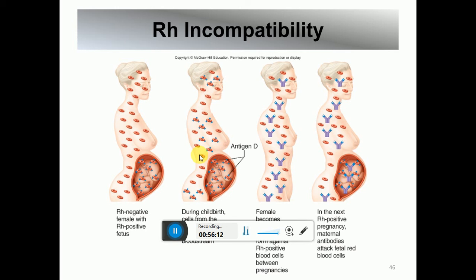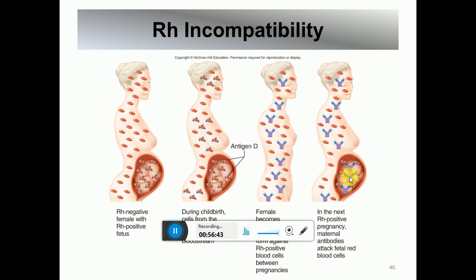She's never seen that antigen before, so her immune system is going to make antibodies against it. This first baby that was born is fine. There's no harm to that first baby. The harm comes if this Rh negative mom becomes pregnant with another Rh positive fetus. Now mom has antibodies against the Rh antigen, and these antibodies, as you can see here, will attack the blood of the fetus.